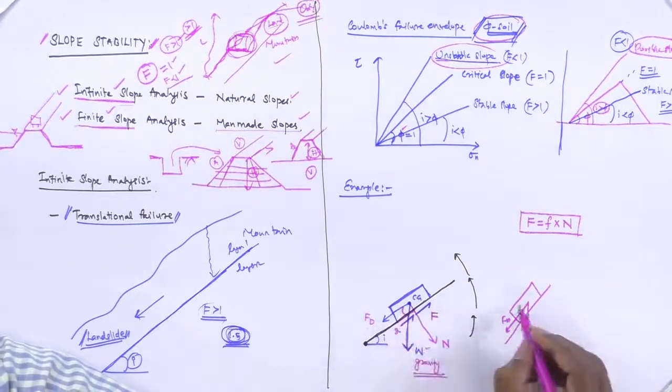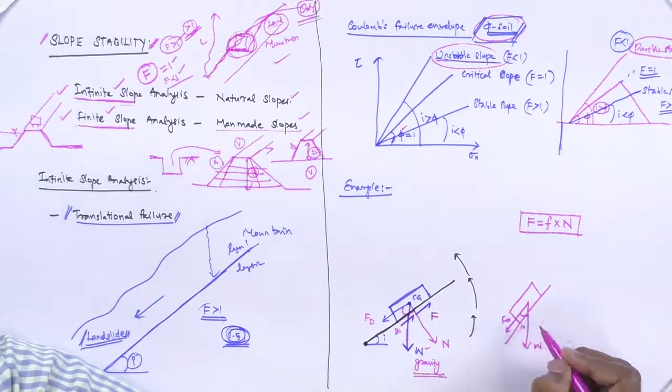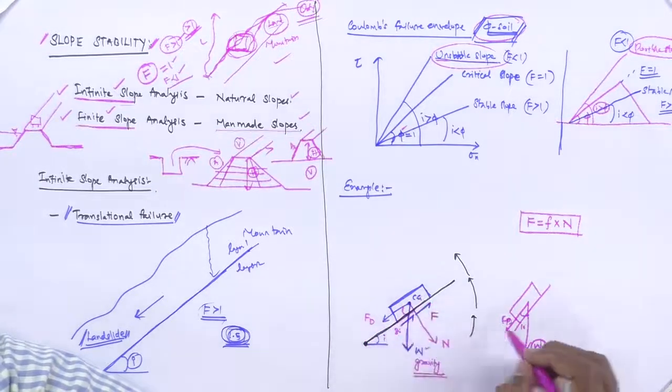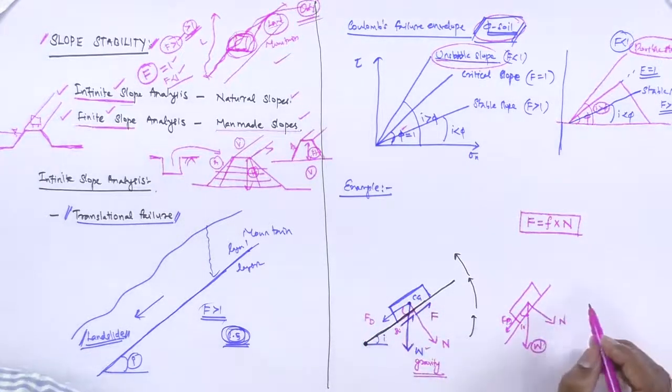Let us say this is 30 degrees, and presently it is coming down to 10 degrees. When this angle reduces, this weight contributes more to the driving force than to your normal force.